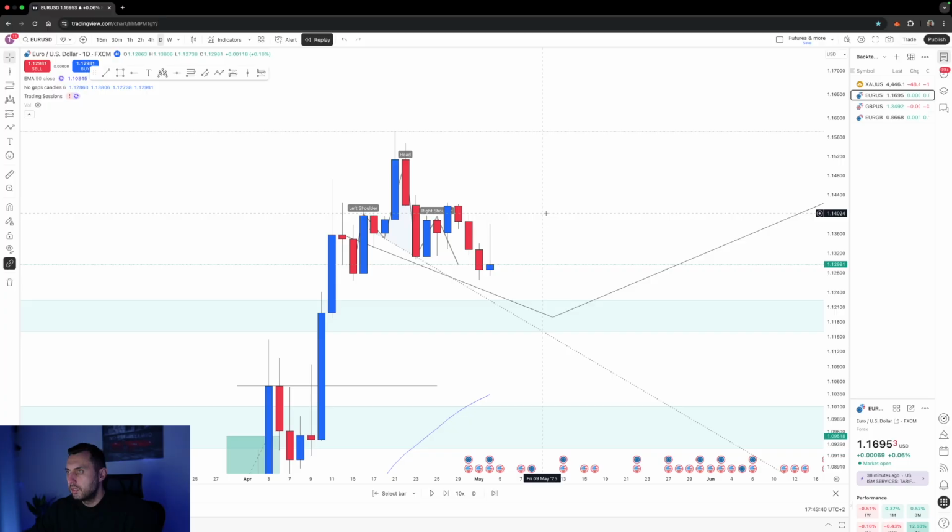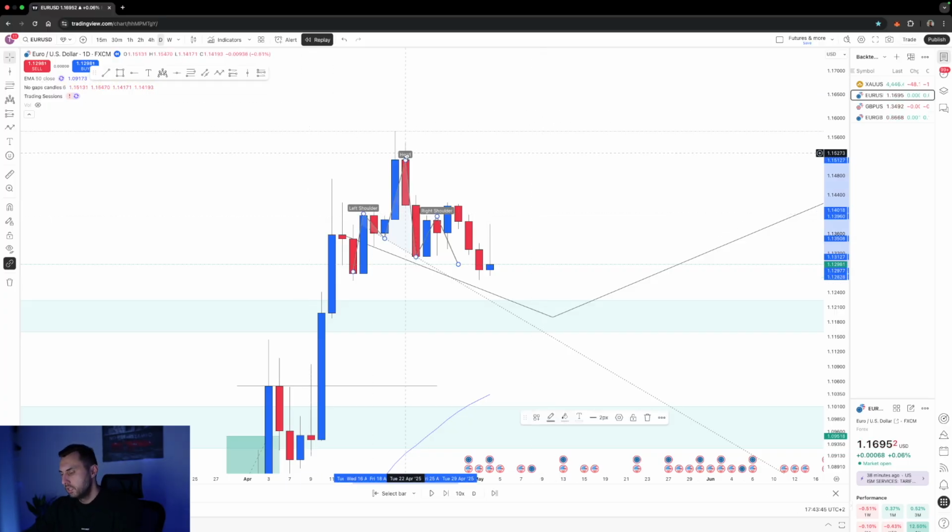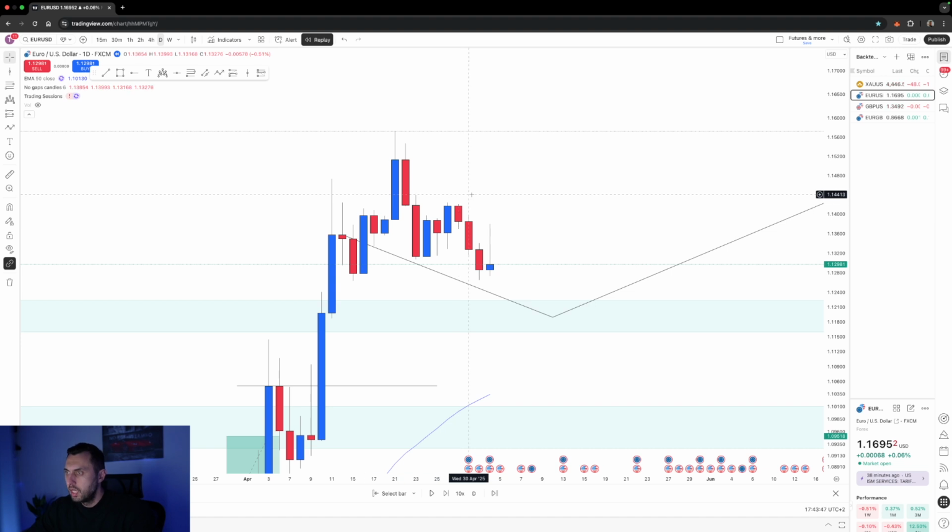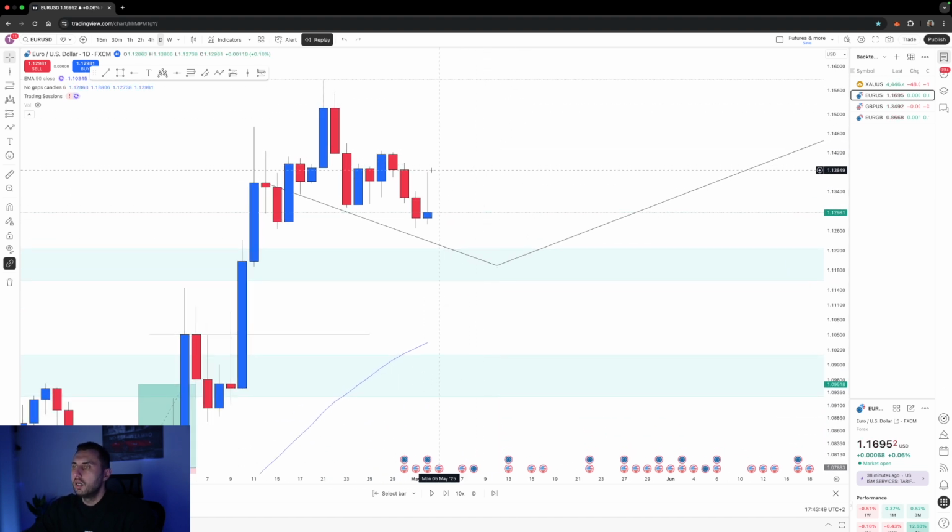So we can see that the price shifted from bullish to bearish. Let me remove these head and shoulders. And right now I would look for a counter trend trade. And what I would expect is for the price to get over here to create a bearish candle, to retest this zone, and then to push down.